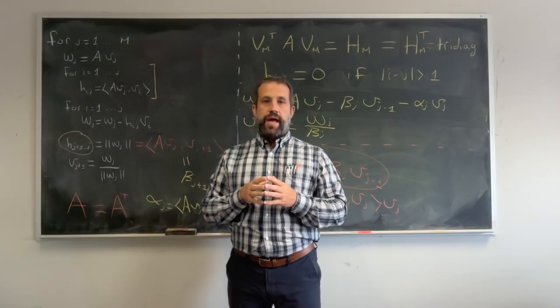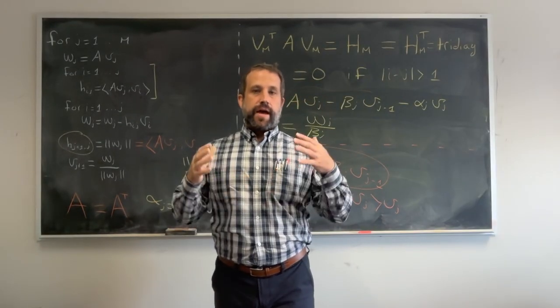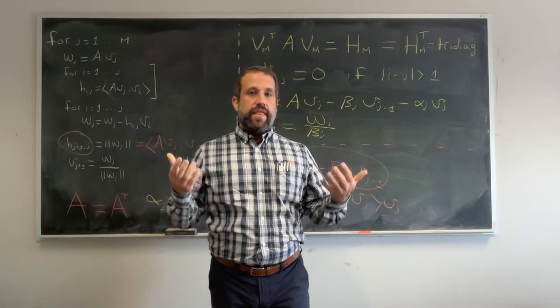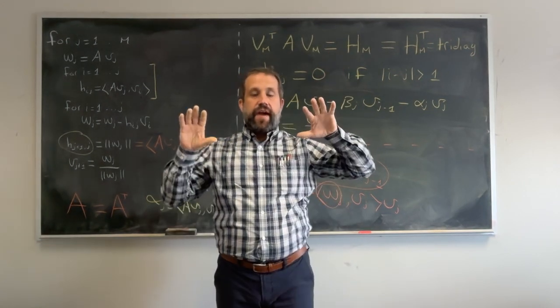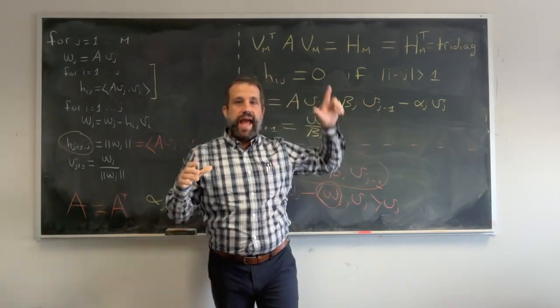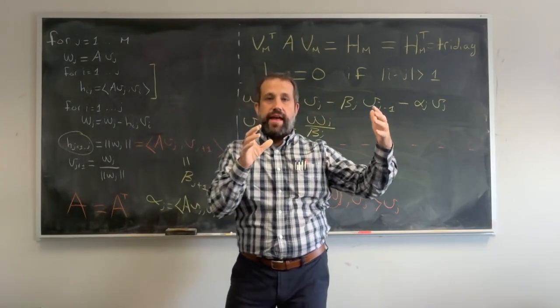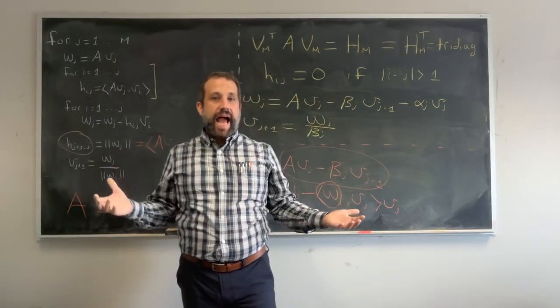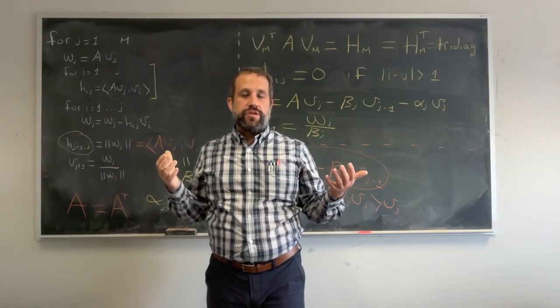Now, in some basic numerical experimentation, I have found that if A is an n by n matrix and m is less than the square root of n, the vectors do not seem to lose their orthogonality.